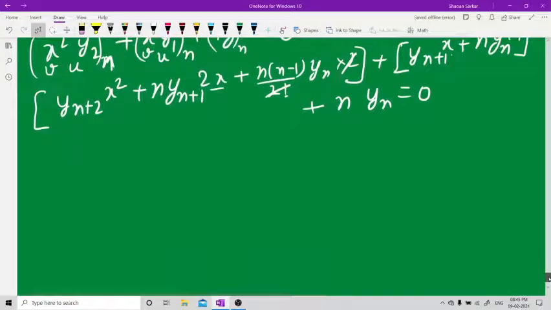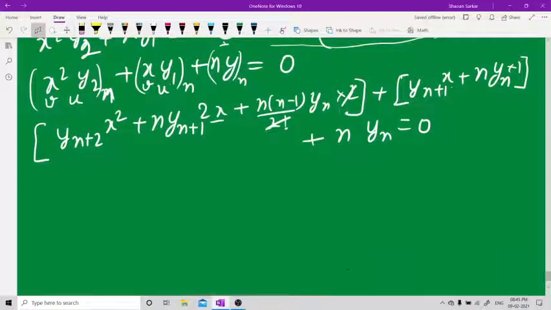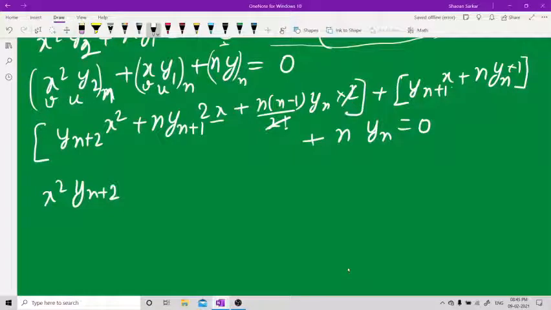Now, open up the brackets: x square yn plus 2. Here it is yn plus 1, and this is into 1, not plus 1, into 1.